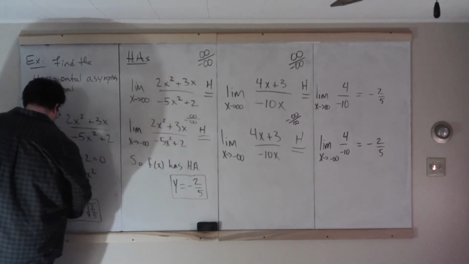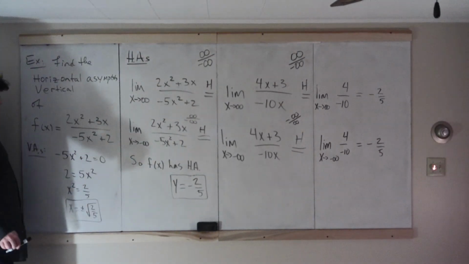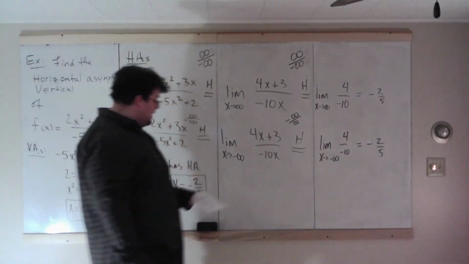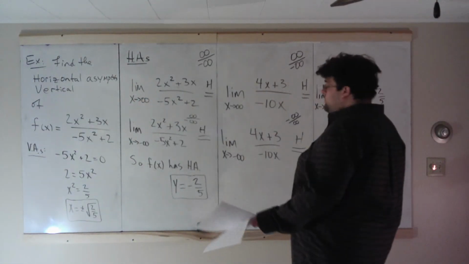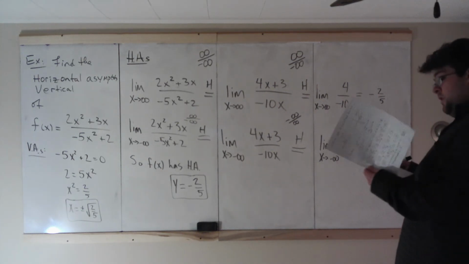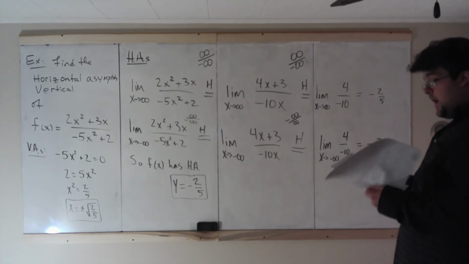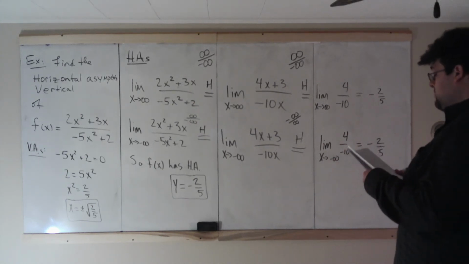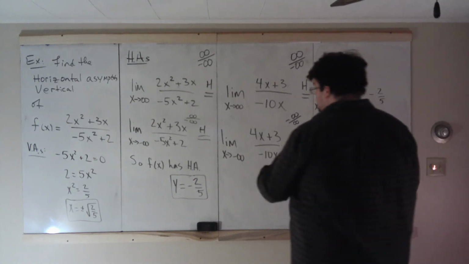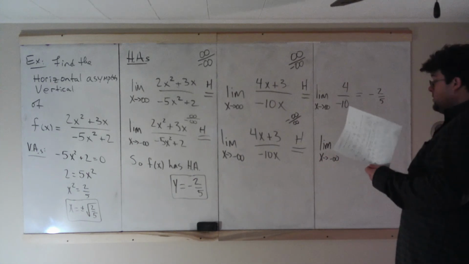So f of x has vertical asymptotes at x equals positive and negative root 2/5, and a horizontal asymptote at y equals negative 2/5. In my notes, I did not have that vertical asymptote computation, so I didn't know these were both going to have 2/5 thrown out. That was a nice coincidence.